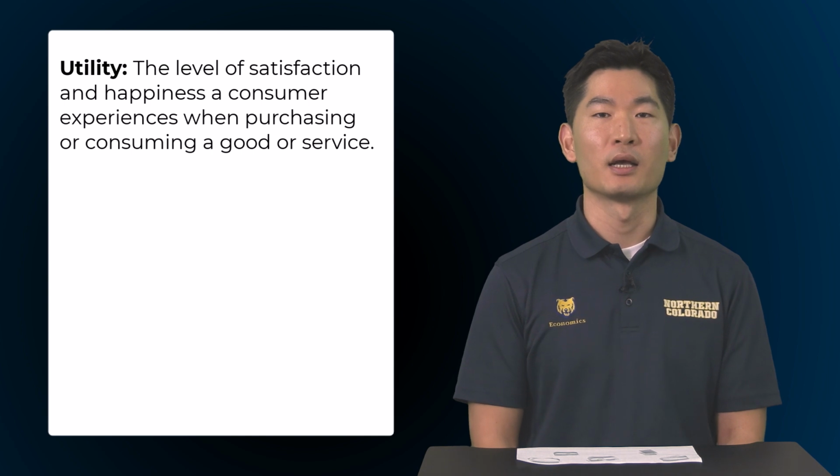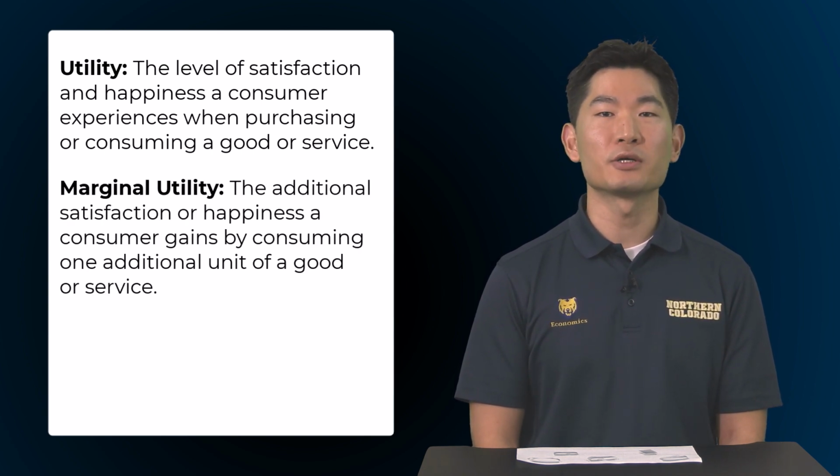In this video, we'll explore how to make rational decisions using two key economic concepts, marginal utility and total utility. Let's start with utility. Utility refers to the level of satisfaction and happiness a consumer experiences when purchasing or consuming a good or service.